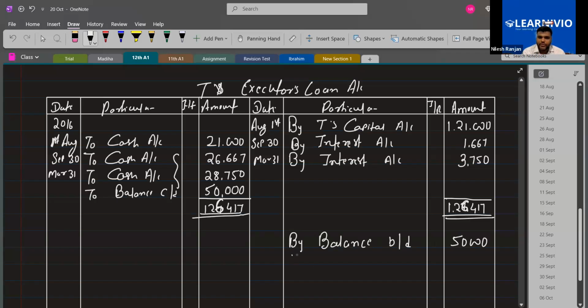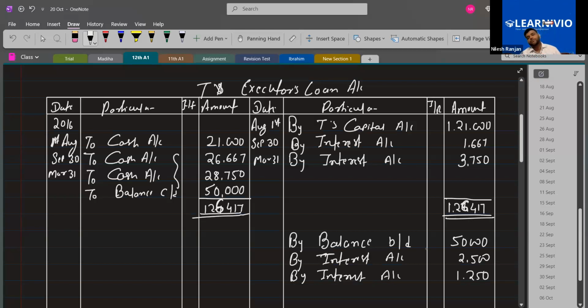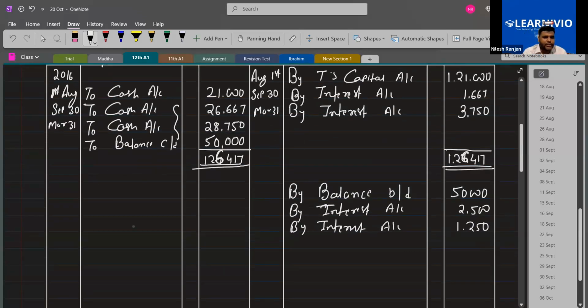Again, we have to calculate interest 2 times in this, on September 30th and March 31st. So by interest account, it will be 2,500 and the second interest will be 1,250. Now these two interests will be separately added to 25,000. First cash payment, first installment payment will be 25,000 plus 2,500, so 27,500.